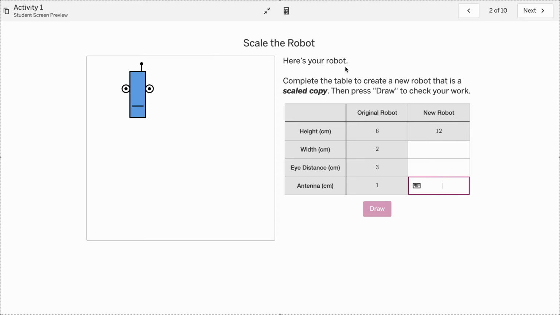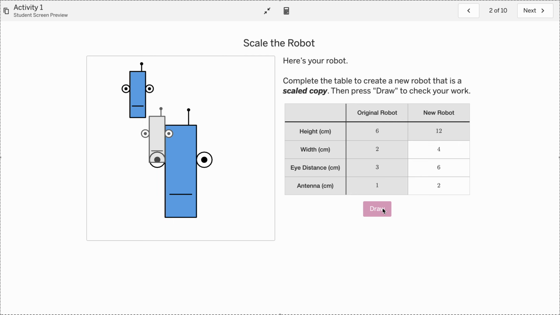For something to be proportional, I have to multiply or divide them by the same number. I see 6 is being multiplied by 2 to get 12. So I'm going to multiply by 2 and see what I get here. Perfect. So there is my scaled copy.